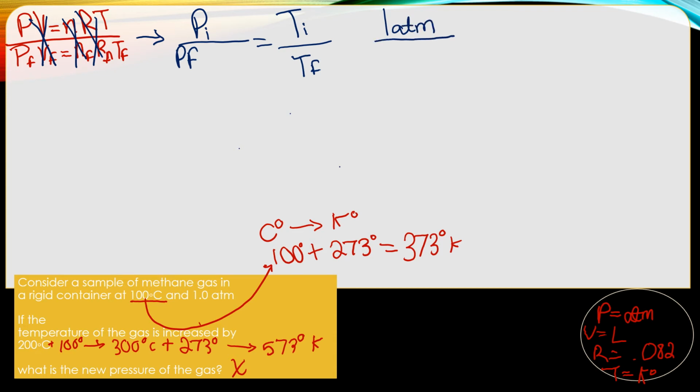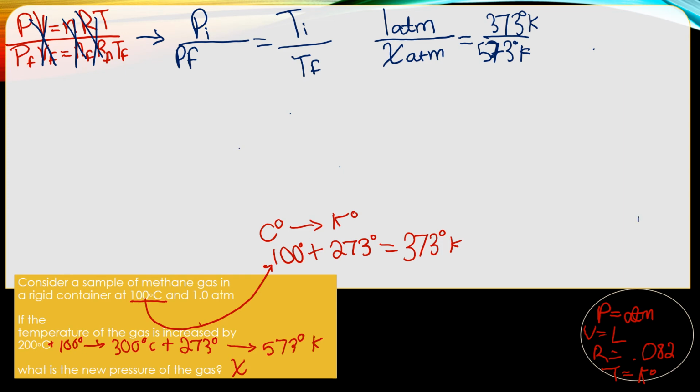Then it's going to be divided by x atm, because remember we gave pressure the variable x, equals the new temperature, which is 573 degrees Kelvin, and on top is going to be the initial temperature, 373 degrees Kelvin.